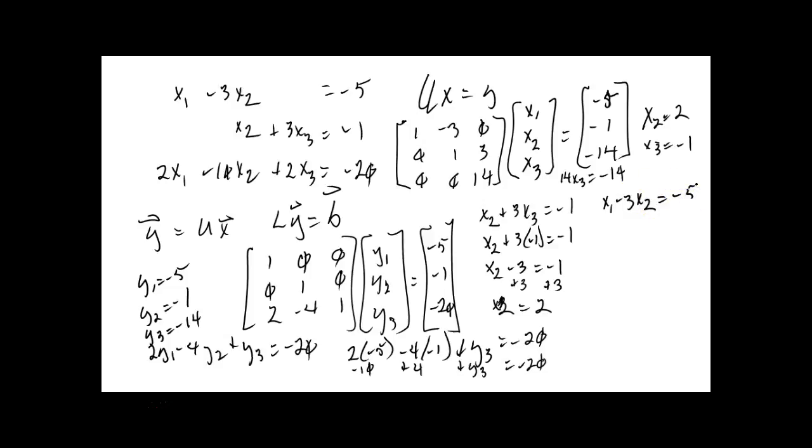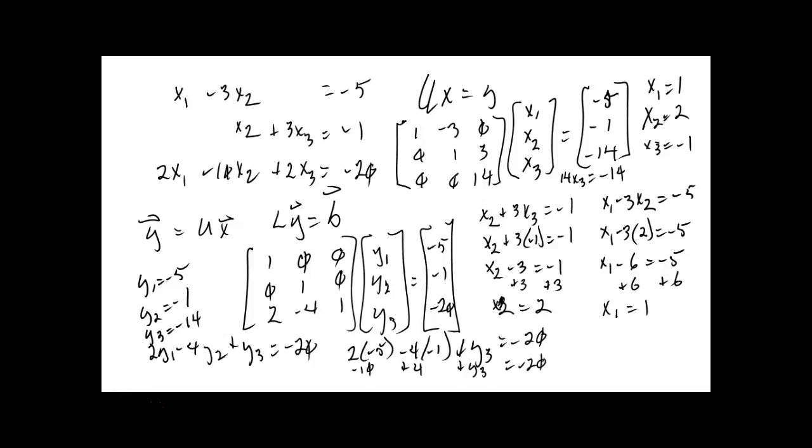Right? So x1 minus 3 times, what was x2? 2 is equal to -5. So x1 minus 6 is equal to -5. Add 6 to both sides, and you get x1 equal 1. You've solved the equation. Okay?